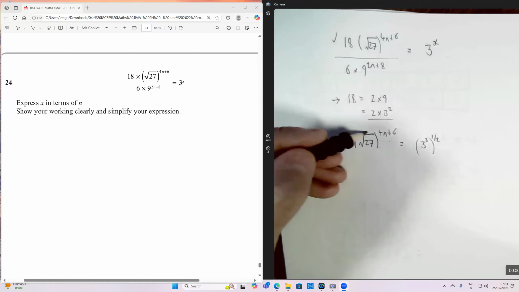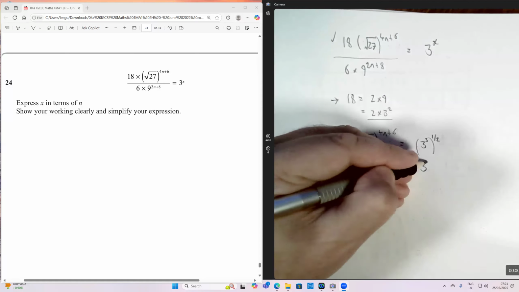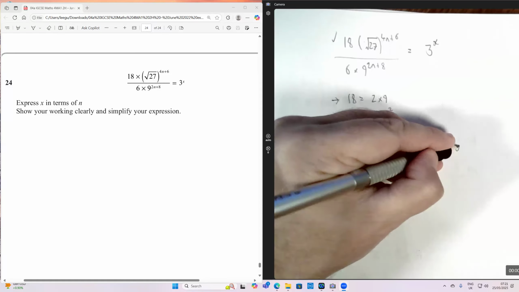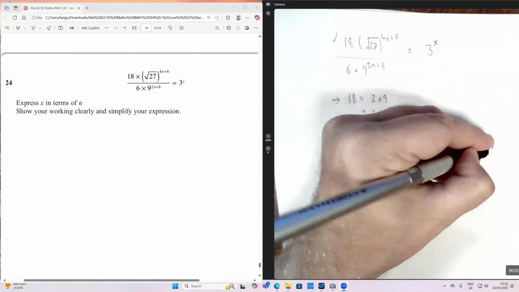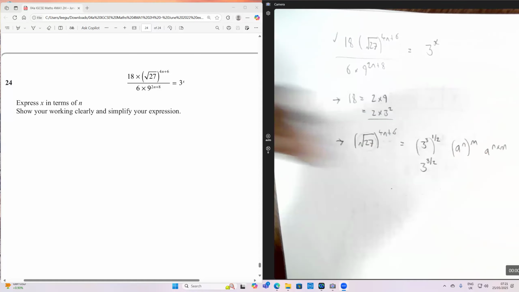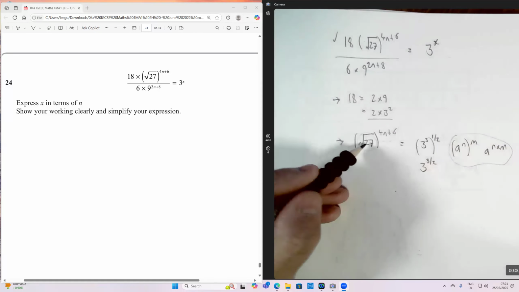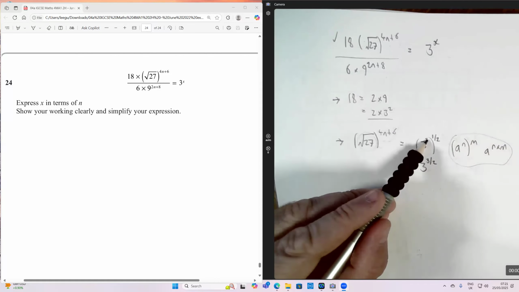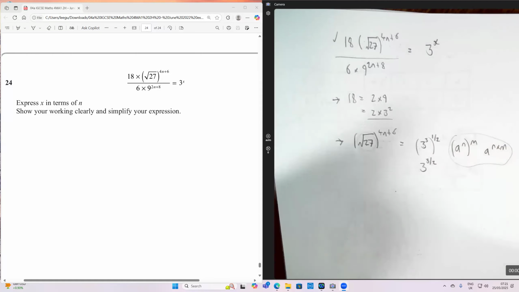So just dealing with this bit inside, that is the same as 3 to the power of 3 over 2. Because remember, when we have a to the n to the m, that is the same as a to the n times m, using a law of indices. So the root 27 can be thought of as 3 cubed to the power of a half, which in turn is 3 to the power of 3 over 2.